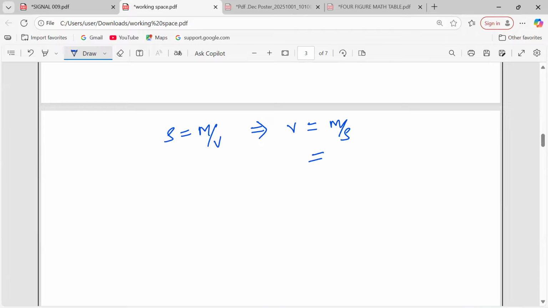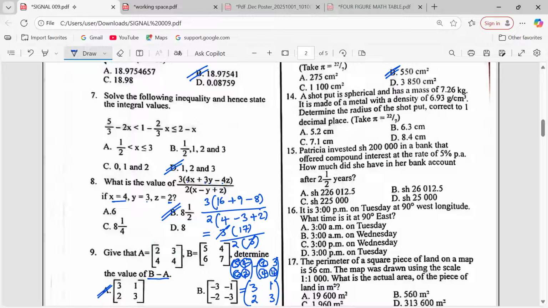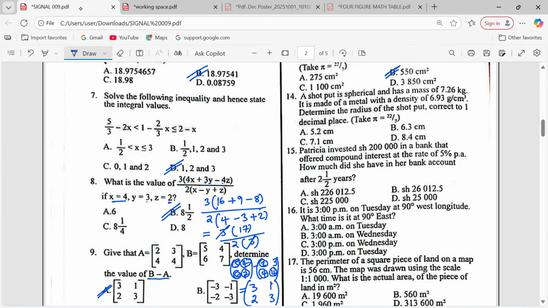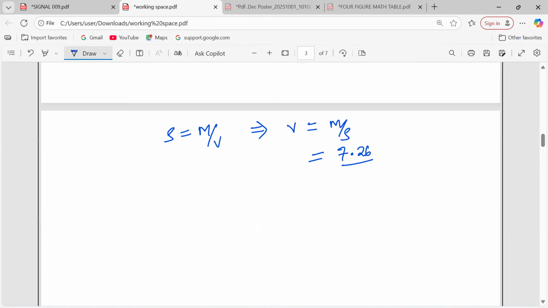So the mass for this particular shot put is 7.26, out of the density, which is 6.93. When I compute this, 7.26 out of 6.93, I'm getting 1.0476. And because it's volume, this is cubic centimeters.